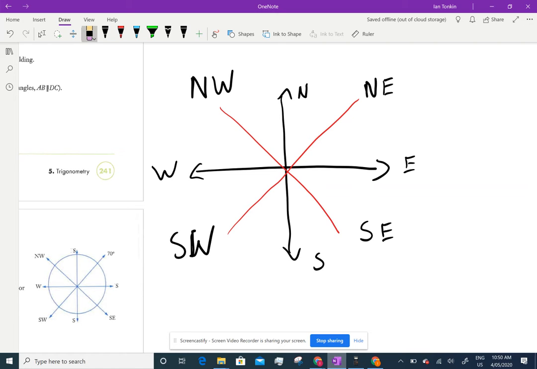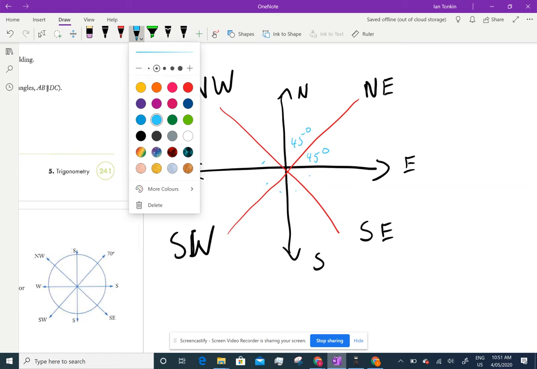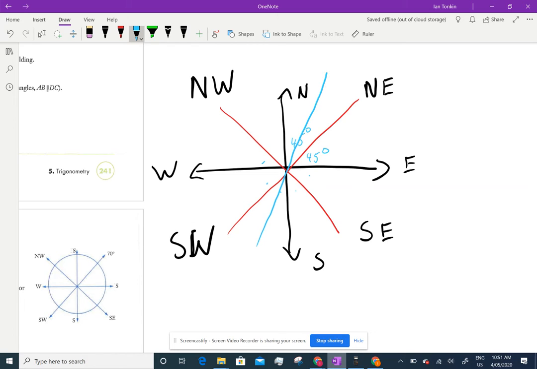Because these are all done equally, that's 45 degrees, that's 45 degrees, and all of these ones around here are also 45 degrees because it's got to add up to 360. So you could do another line in here that splits this, and you could split this one here, and you could get east-northeast.